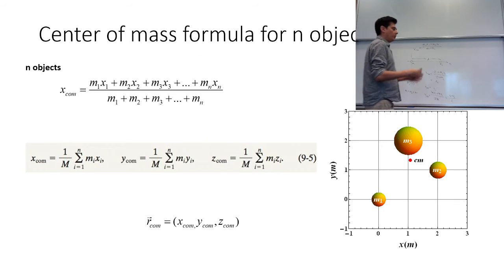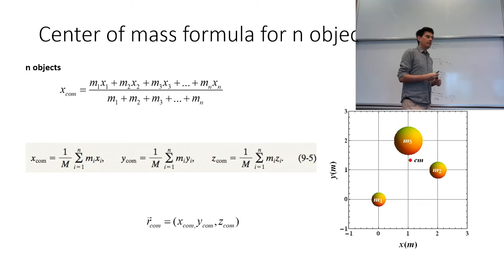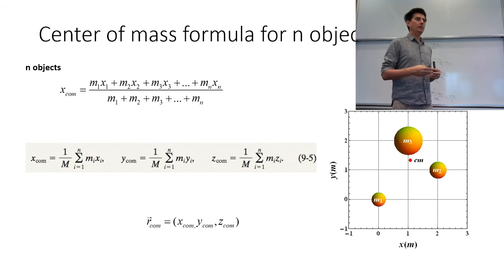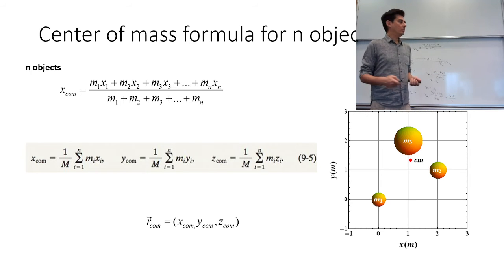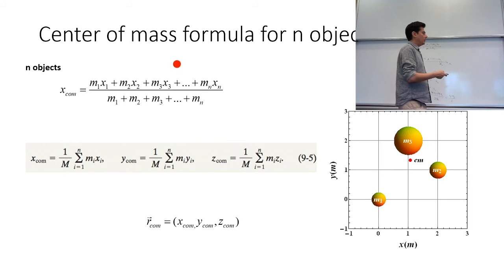This was for a one-dimensional case, but we could equally look at something in more dimensions. In this case, we just have to look at the x, y, and z coordinates separately. So for the x center of mass, it's just the x coordinates of all the different things.